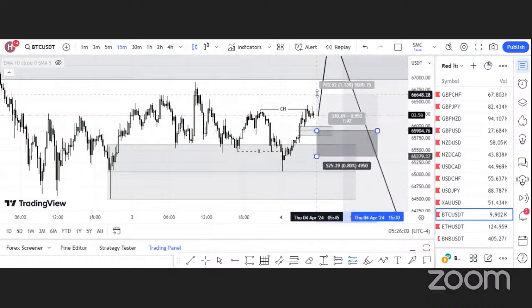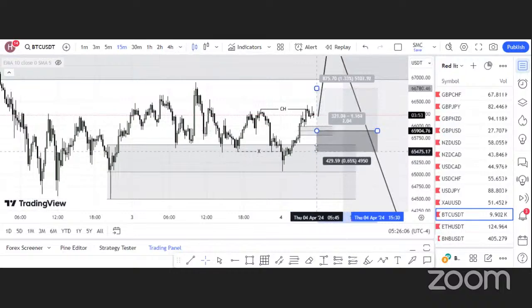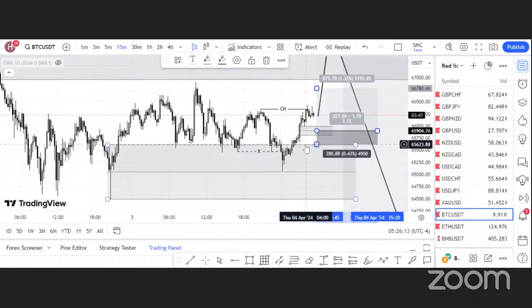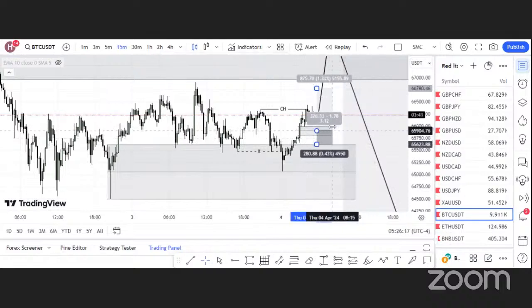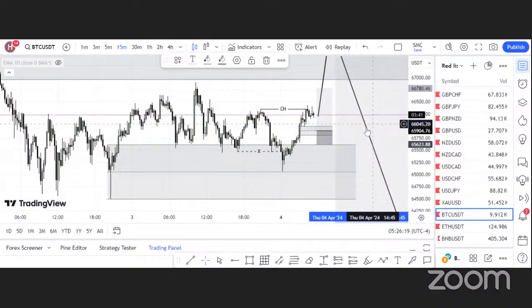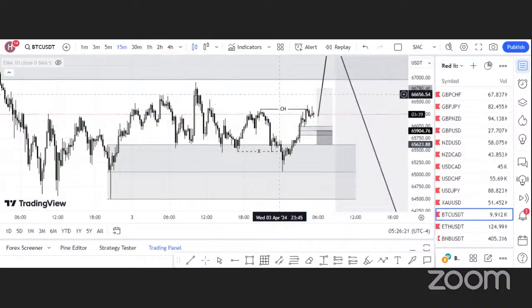The high will be our take profit, and this retest zone will be our stop loss level. Okay, this will be our stop loss.